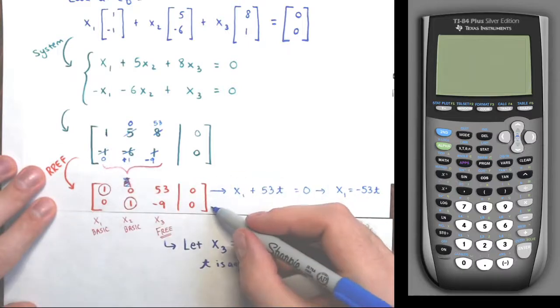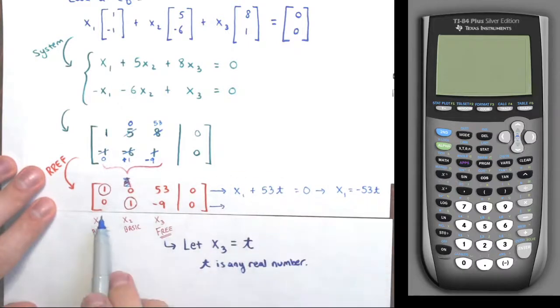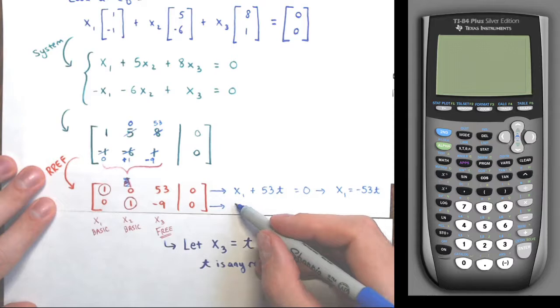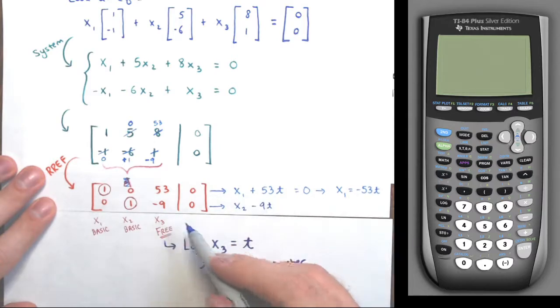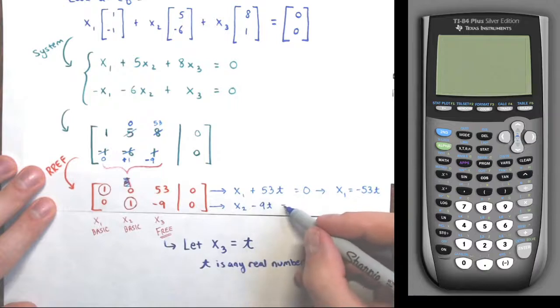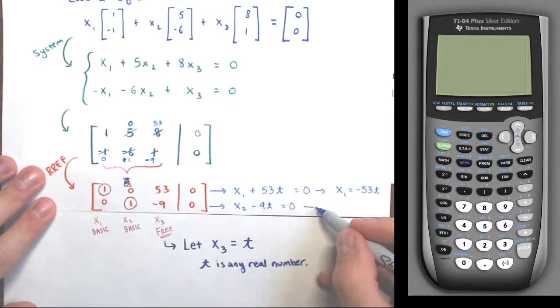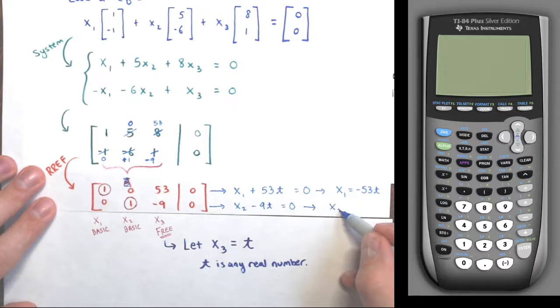And then this row is telling me that x2 minus 9 times this x3, but I'm calling it t, is equal to 0. Therefore x2 must be equal to positive 9t.